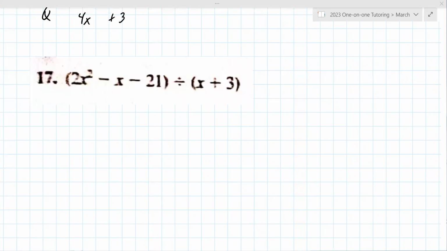Is that x divided by 3 or x plus 3? Plus 3. So what number goes in the box in that case? -3. Yes. Good.